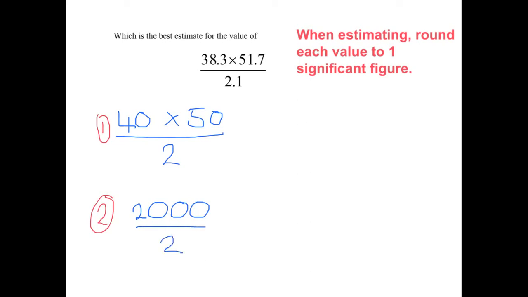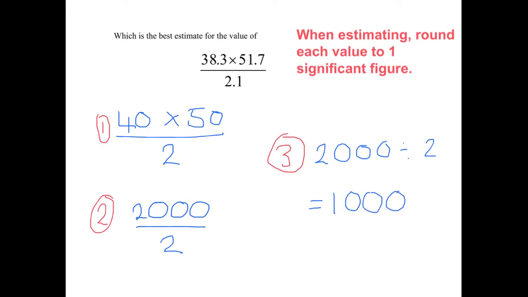Now for the third mark, it's fairly obvious what we need to do here. We actually have to calculate what 2,000 divided by 2 is, and again, that should be fairly straightforward. 2,000 divided by 2 equals 1,000. And that should get you all of the marks for this type of question.